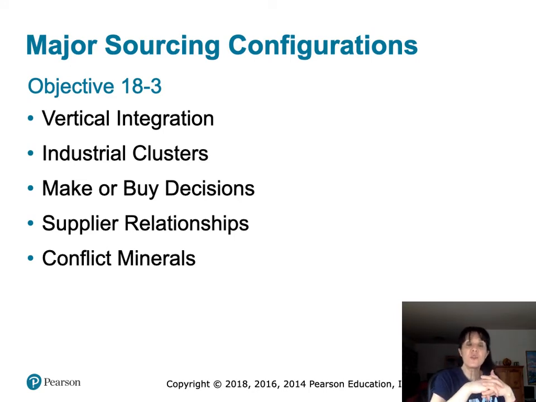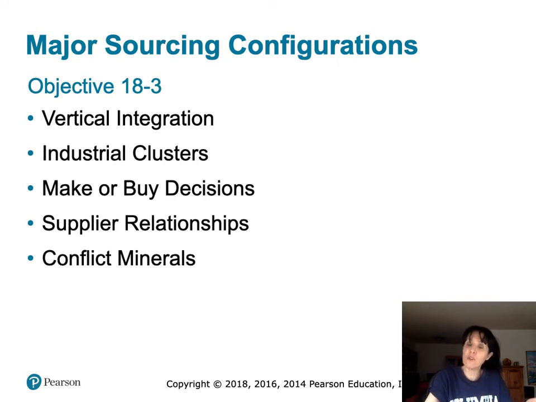Sometimes companies utilize industrial clusters. Utilizing industrial clusters is an alternative way to reduce transportation and transaction costs. Under clustering, buyers and suppliers locate close to each other to facilitate doing business.